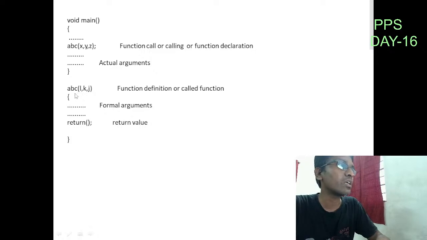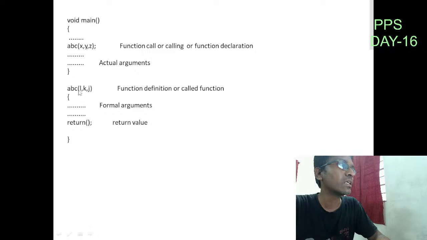So a called function contains the body of the function, and it can be written after the main program. After writing the main program, you write the called function, and the parameters you pass inside the called function are called formal parameters or duplicate values of the original ones.